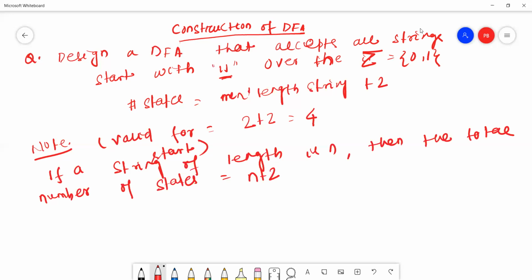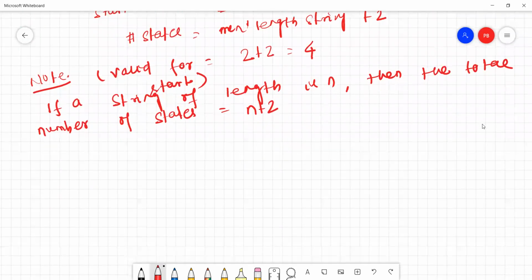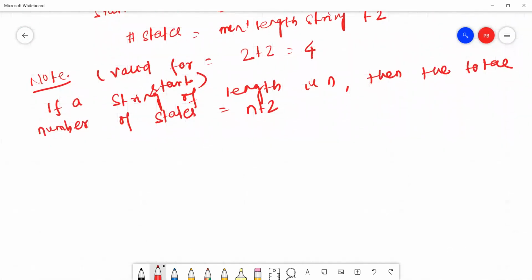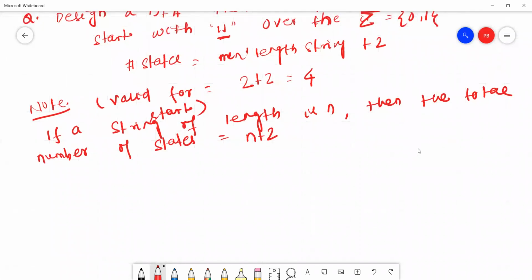What is the question here? The question is to design a DFA that accepts all strings that start with 1 1. Now we'll design it with a total of 4 states.